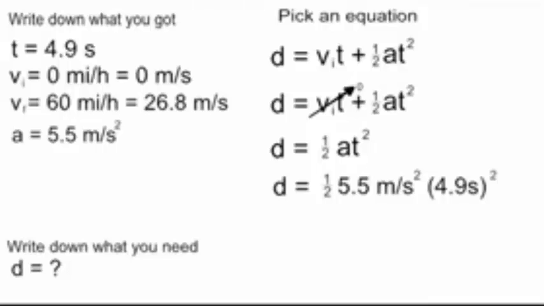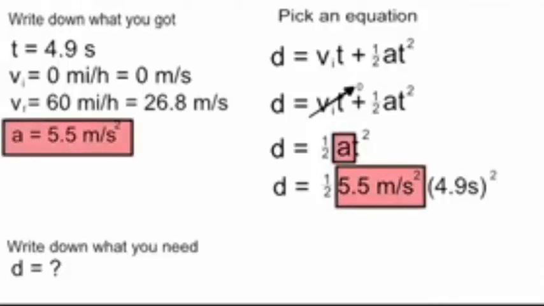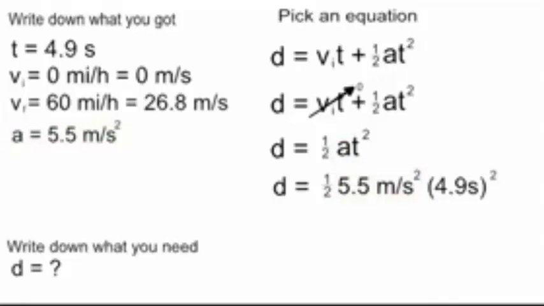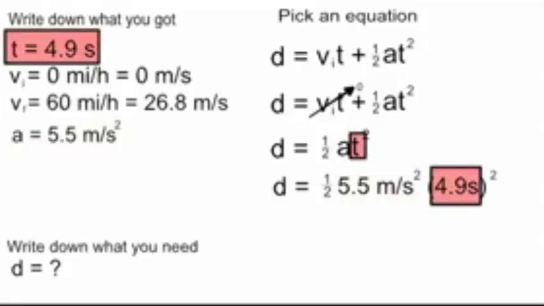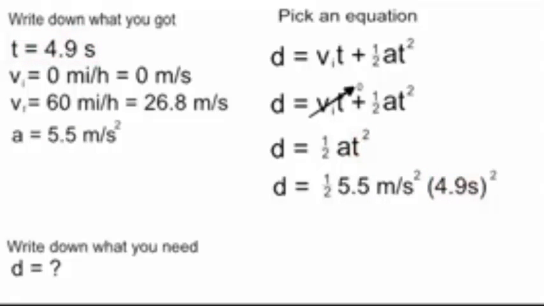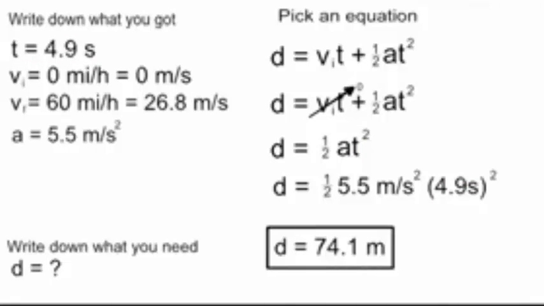So, our formula reduces to 1/2 at squared. Sub in our values for acceleration and the time, and don't forget to square the time. Solving, we get a distance of 74.1 meters. Don't forget to box the answer.